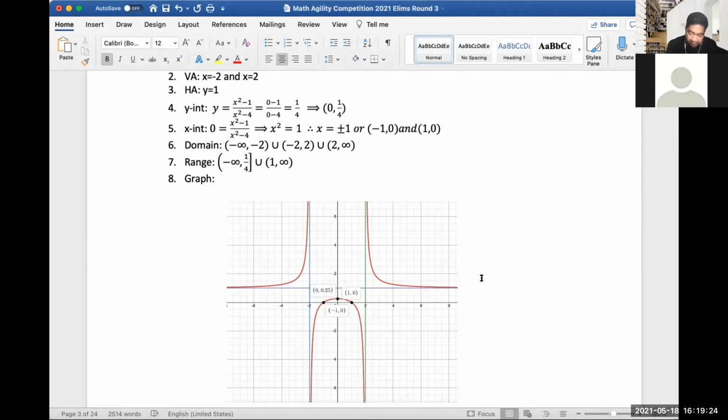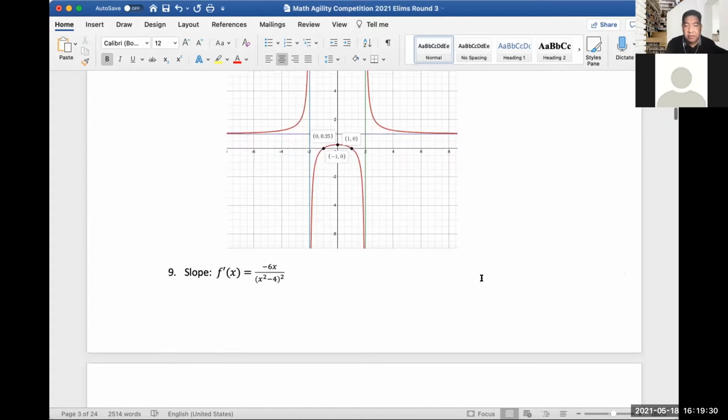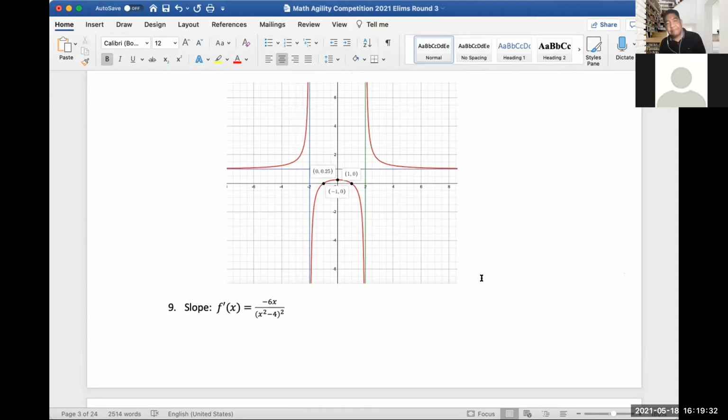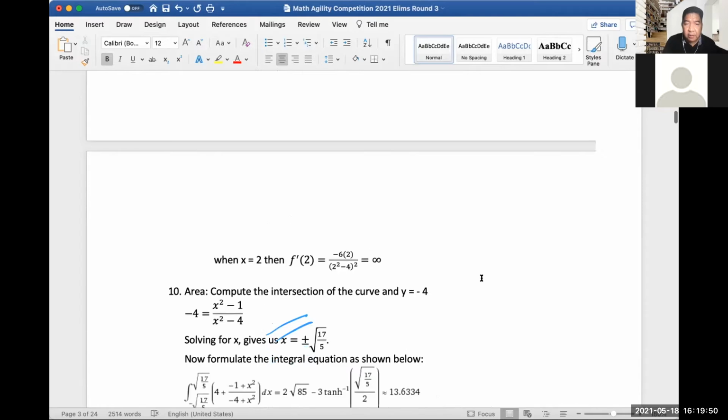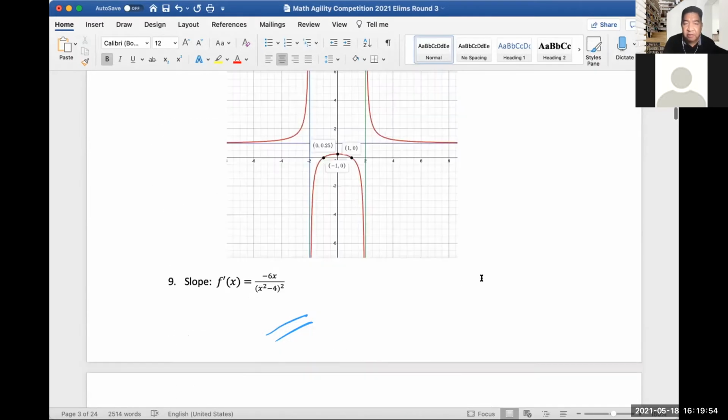Since we already graphed it, this is how a rational function would look. The next question is to solve the slope. To solve the slope of this function, let's take the derivative, using the quotient rule. So this would be the answer. The question is the slope when x equals 2, so there's a value given.